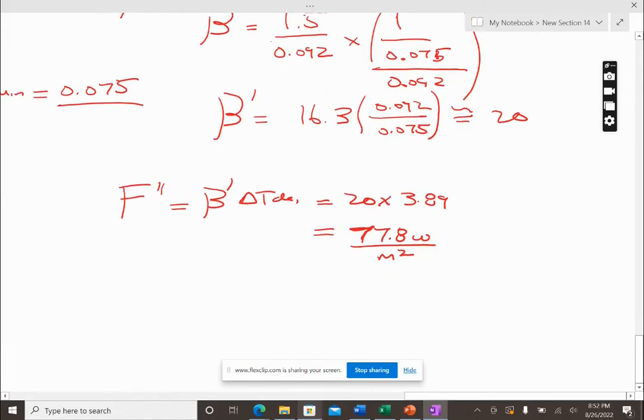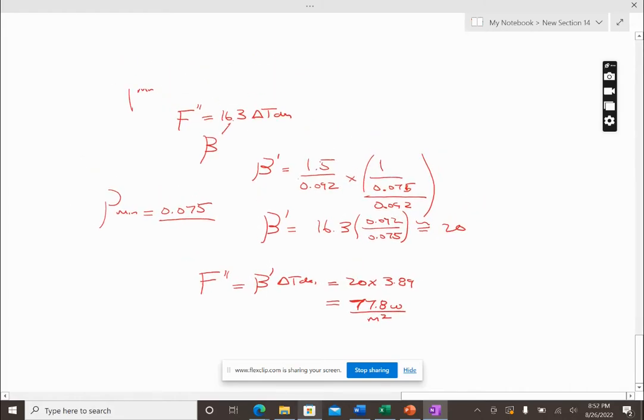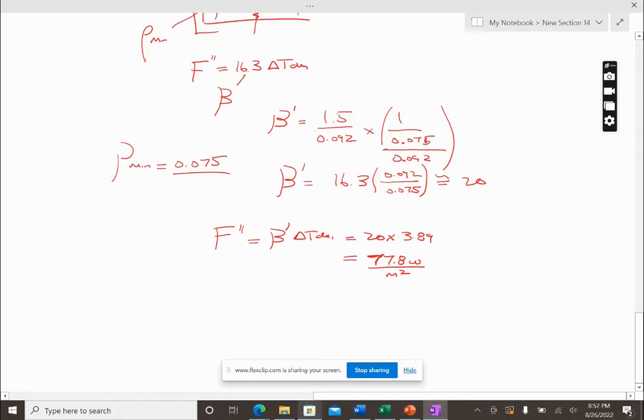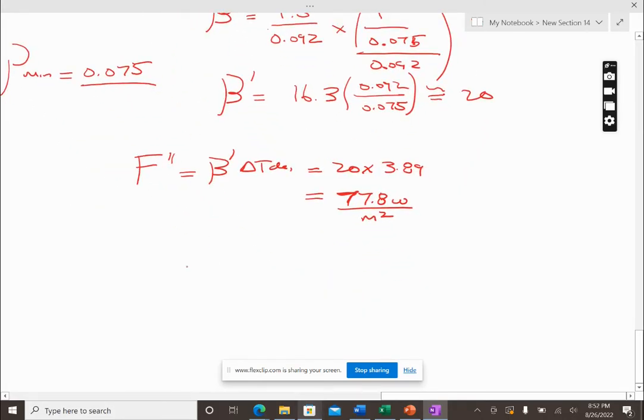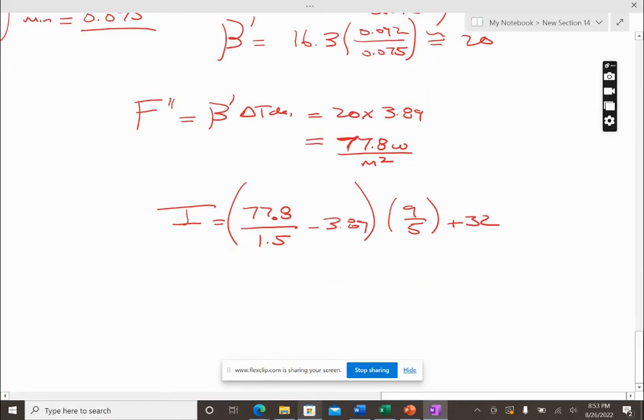And so in this case, for the temperature prediction, we're going to divide by 1.5. So we're going to take T equals 77.8 divided by 1.5 minus 3.89. And then convert it to degrees Fahrenheit, so we take 9/5 plus 32.